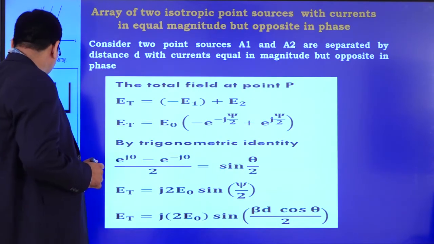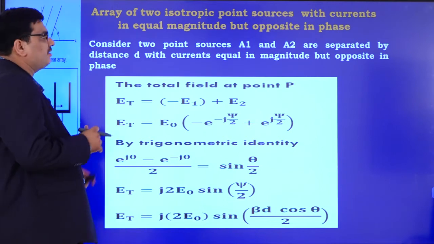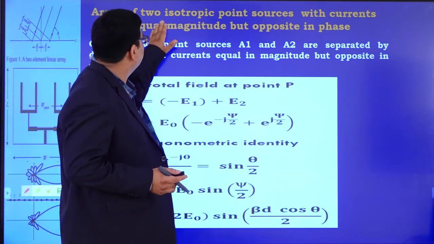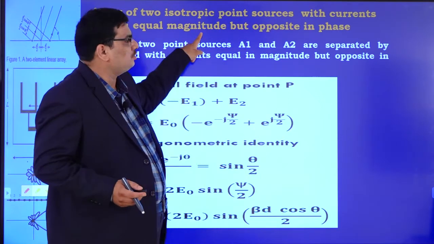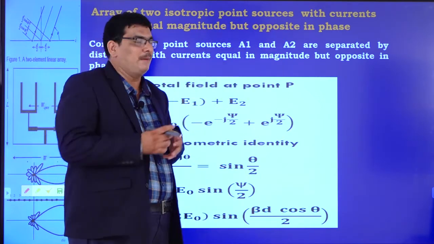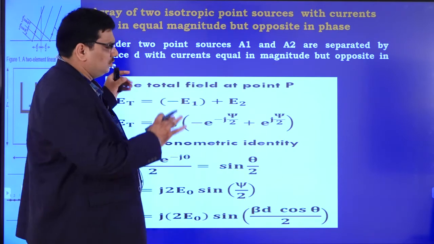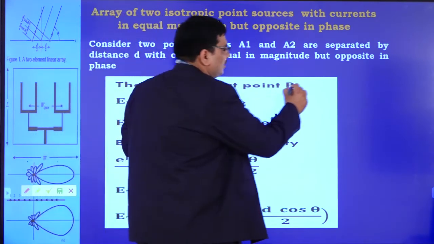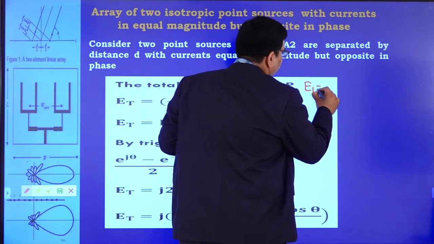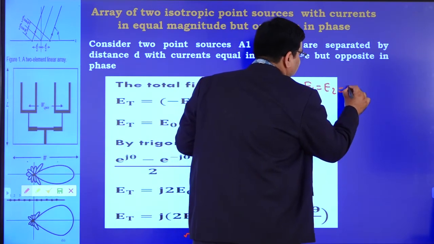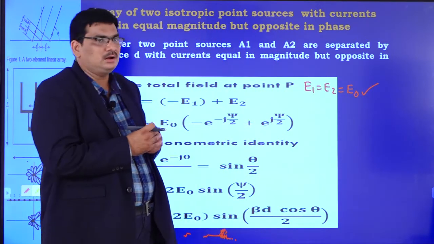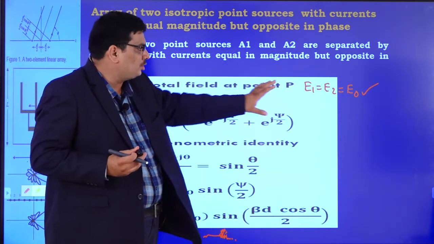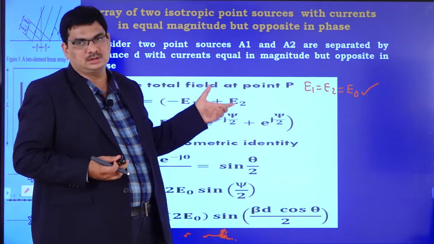Now the second condition: here we are taking an array of 2 point sources with currents equal in magnitude but opposite in phase. So the previous condition, that E1 is equal to E2 is equal to E0, is the same for these antenna elements. Both antenna elements are the same in amplitude, but the phase is opposite.